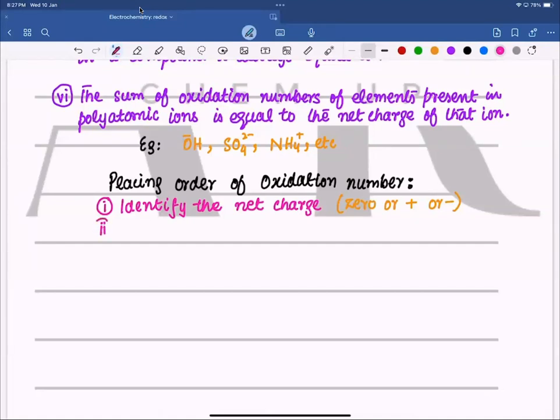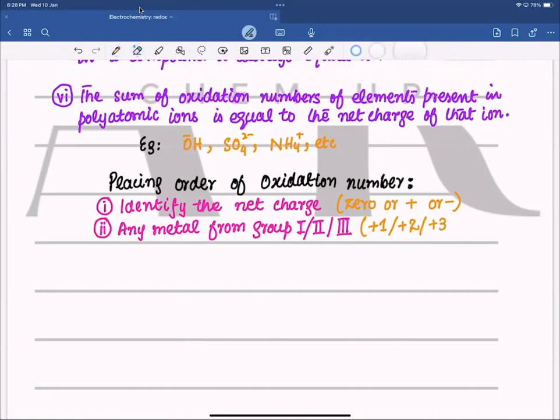First place that net charge, then if there is any metal from group 1, 2, or 3, then put its oxidation number, which is either +1 for group 1, +2 for group 2, and +3 for group 3 metals.